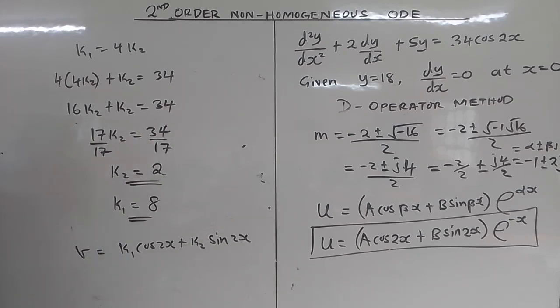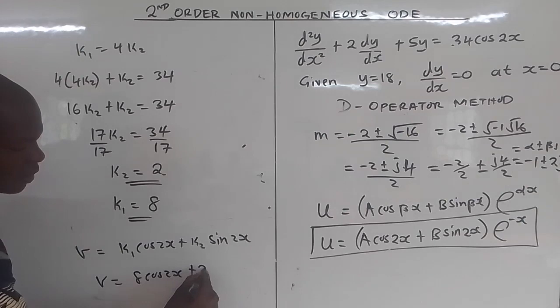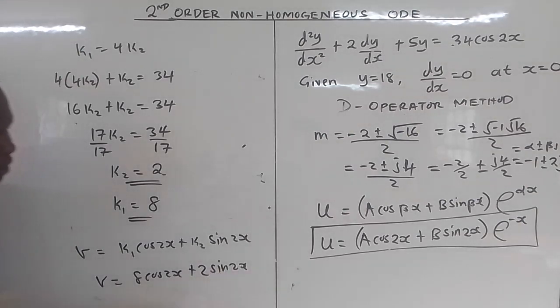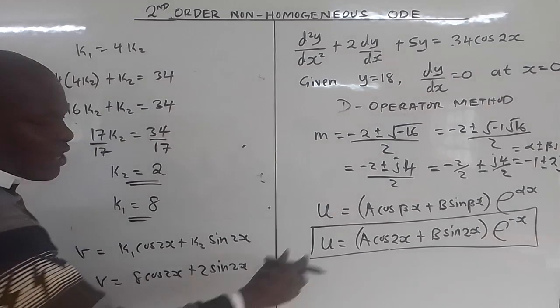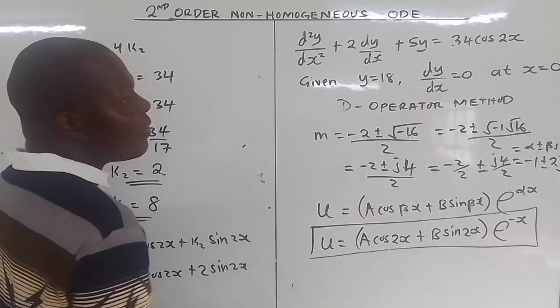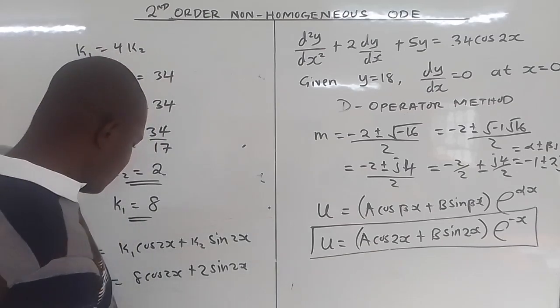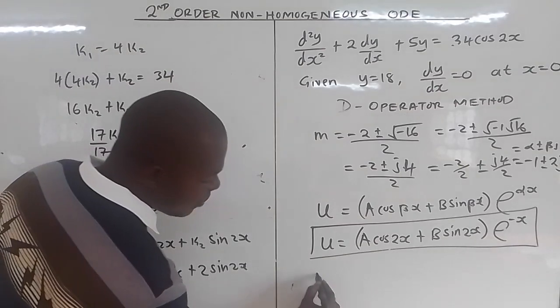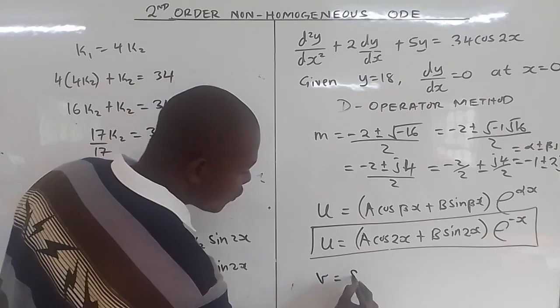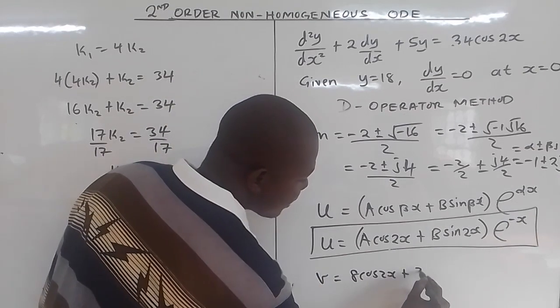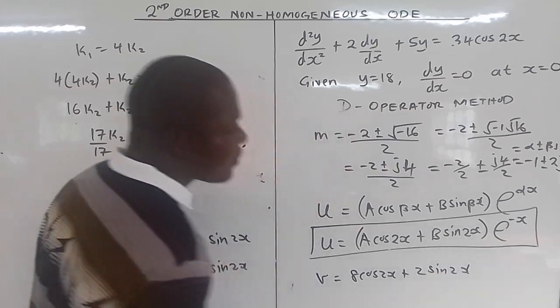What is the value of k1? 8. So you'll have 8 cos 2x plus 2 sine 2x. So you found the value of V.